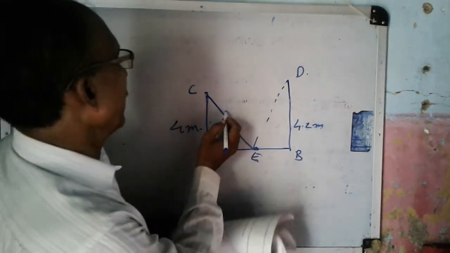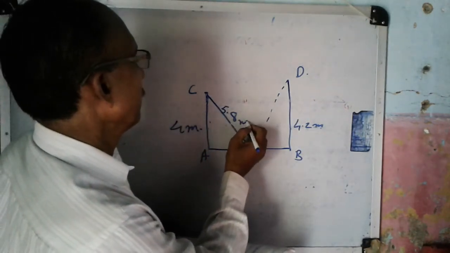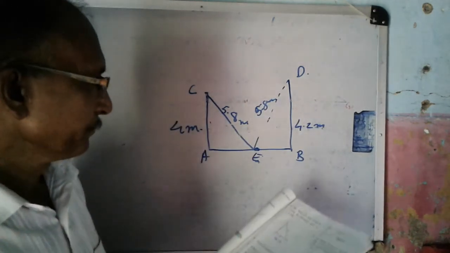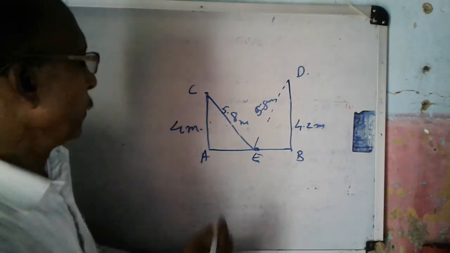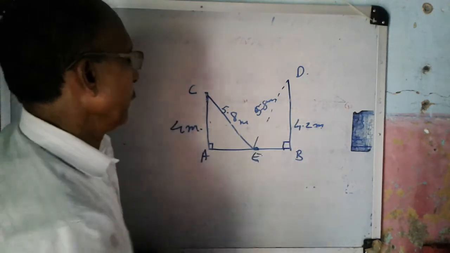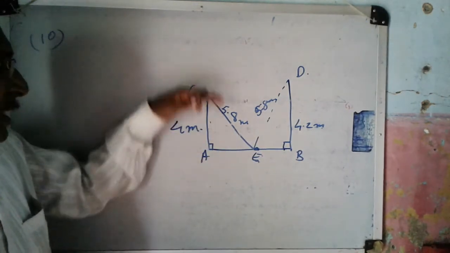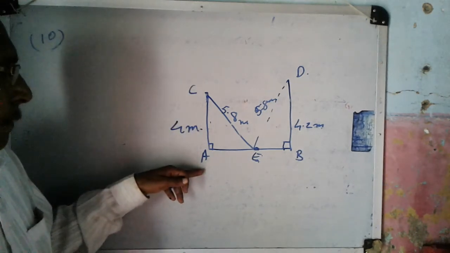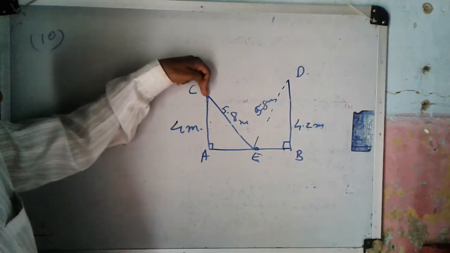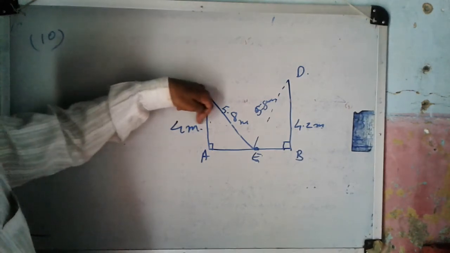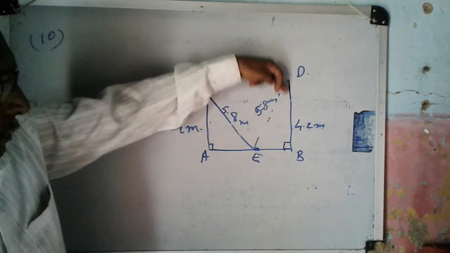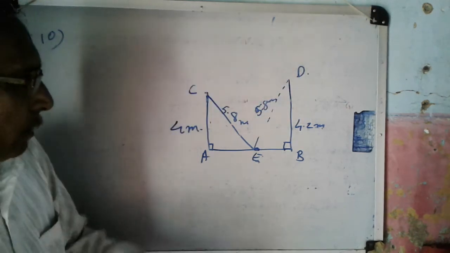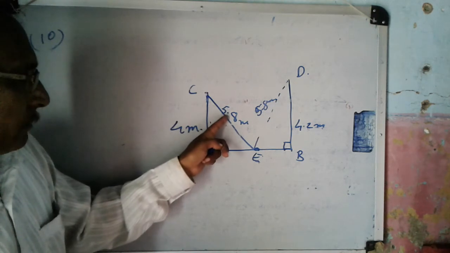The height of ladder is 5.8. So here we have two right angle triangles because buildings are perpendicular to the street. AB is the street, AC is the one building. At point C is window at height 4 meters. Here at point D is the window of other building at height 4.2 meters and height of ladder is 5.8.